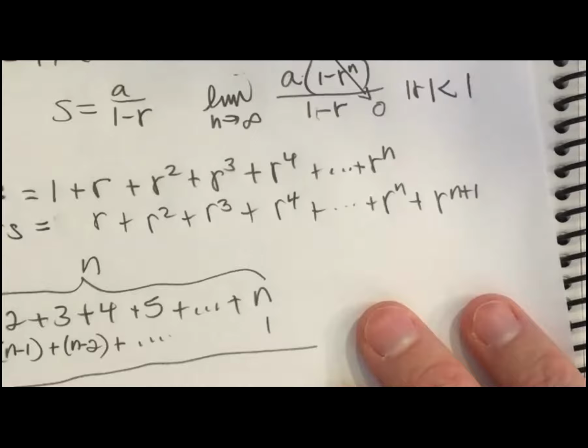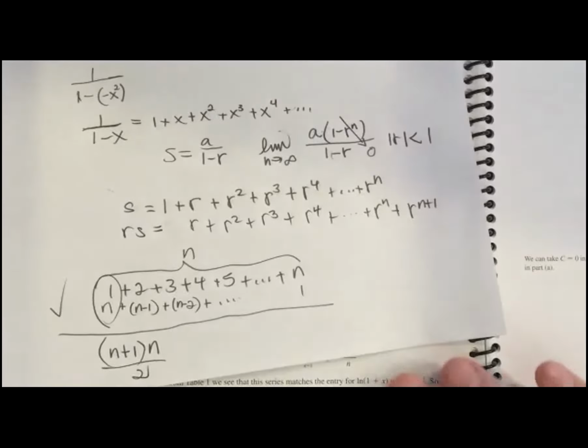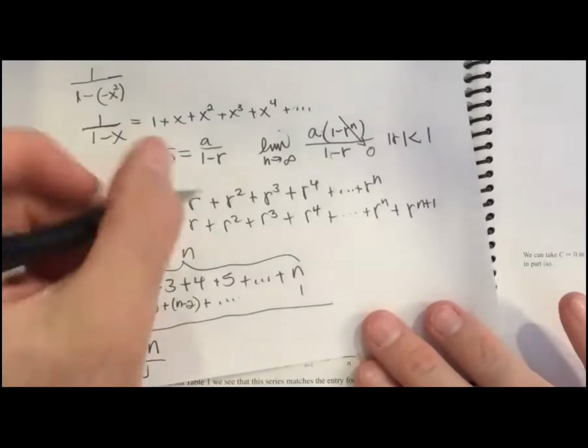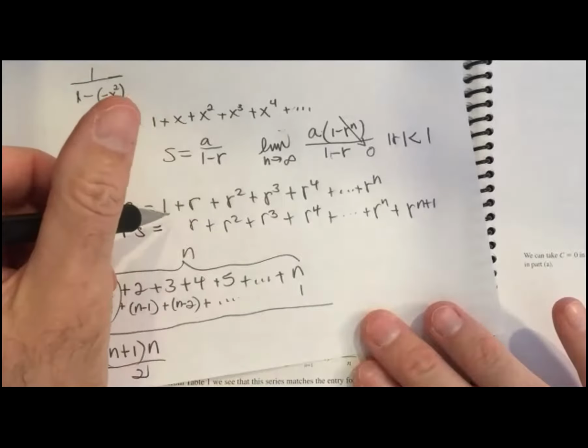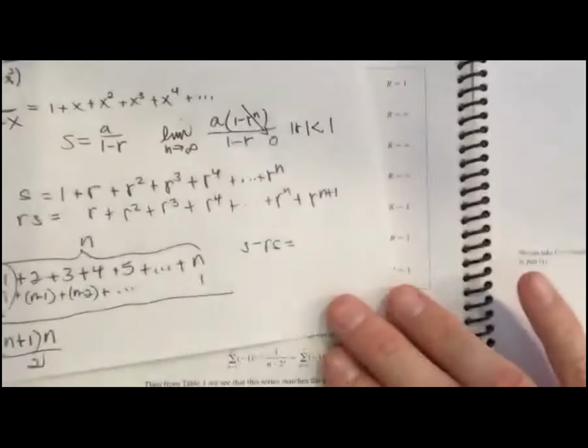Does that make sense? Maybe. And then when you subtract that, the only terms you're left with are 1 and r to the n plus 1. That's right. So now subtract. So I've got S minus r times S. I'm running out of room.